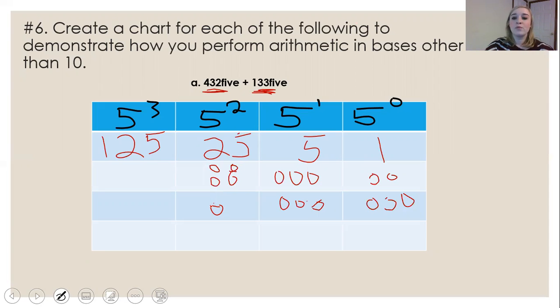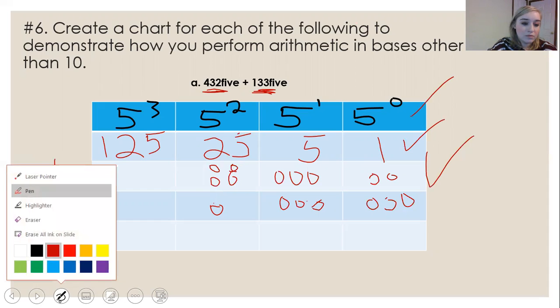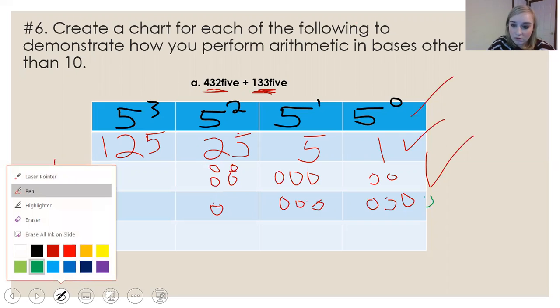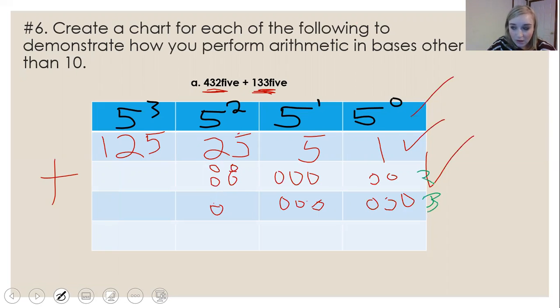We have our base of 5, we determined what those places are, and we have written the numbers in each place as dots. Now we're going to add the dots. 3 plus 2 gives us 5, so 1, 2, 3, 4, 5.